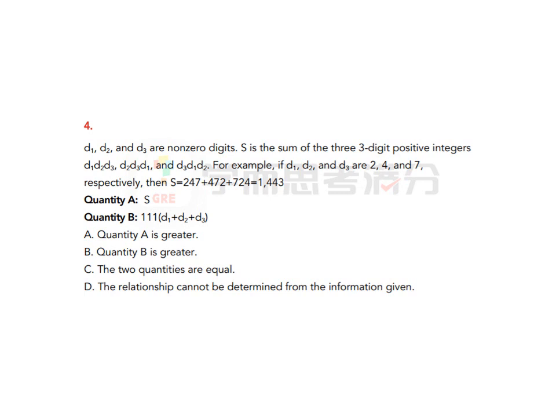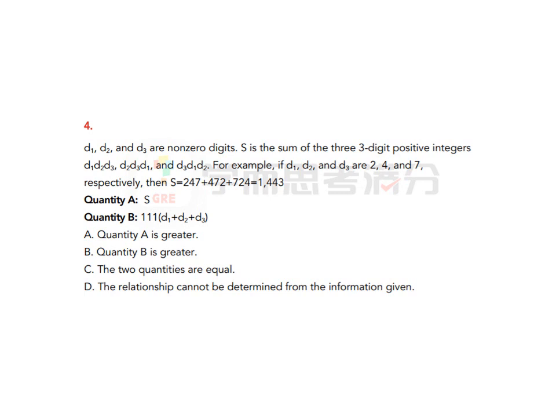For example, if D1, D2 and D3 are 2, 4, 7 respectively, then S equal to 247 plus 472 plus 724 equal to 1443. S is given in quantity A, and we need to compare it with B, that is 111 multiplied by D1 plus D2 plus D3.